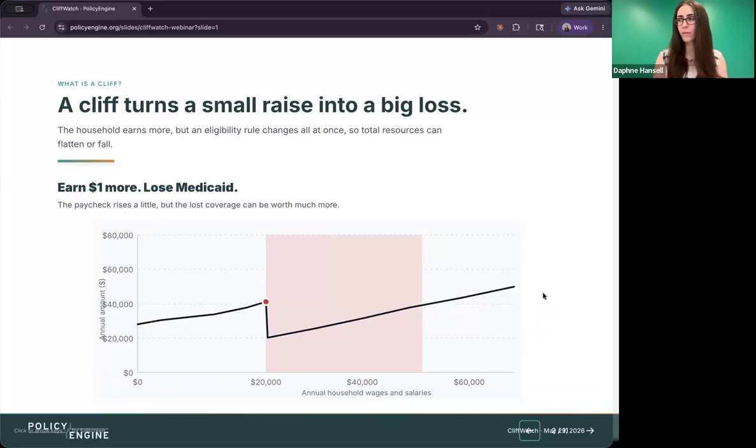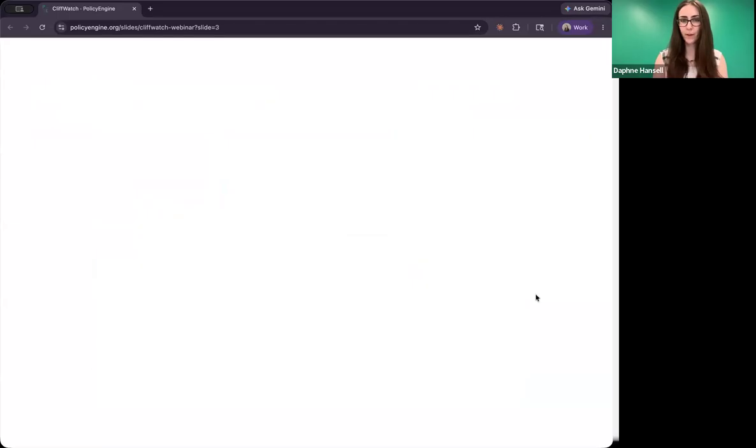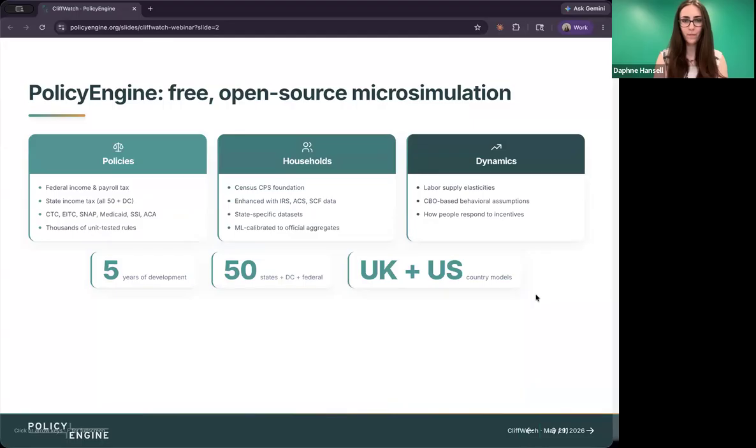And in terms of why PolicyEngine is equipped to help shed light on this question, we have a microsimulation model of most of the tax and transfer policies in the US.